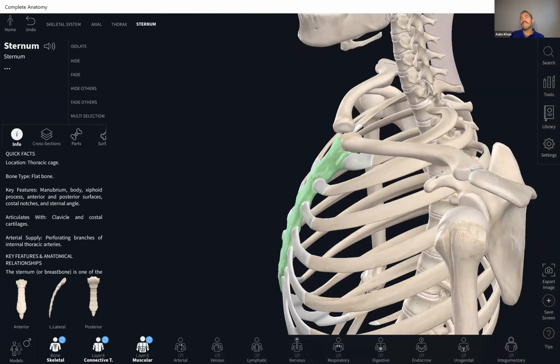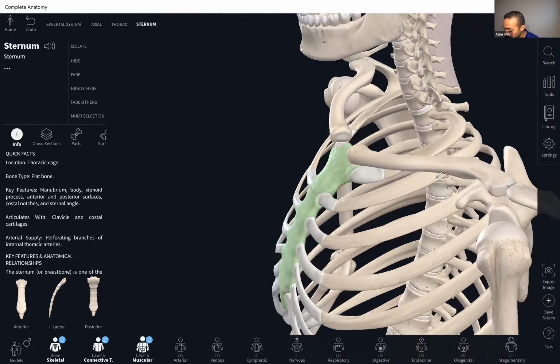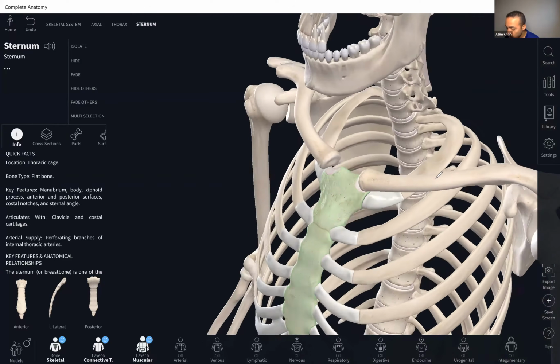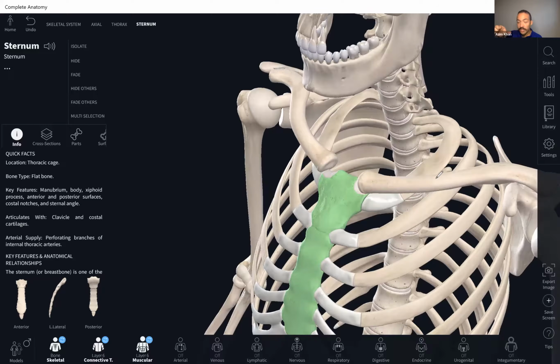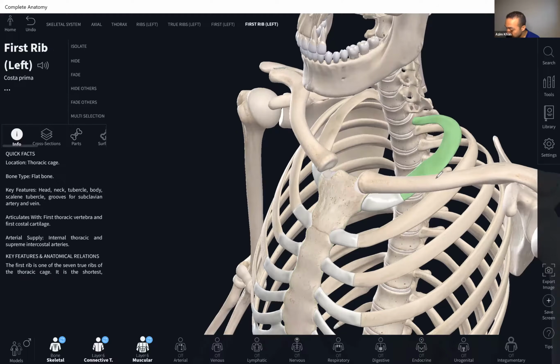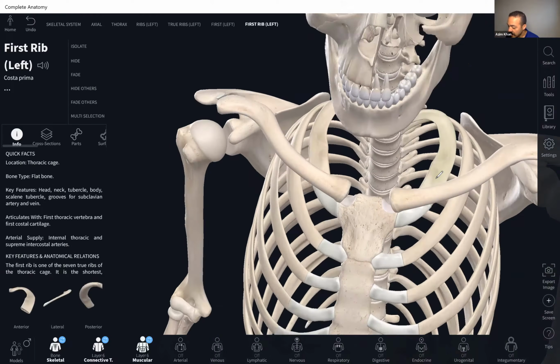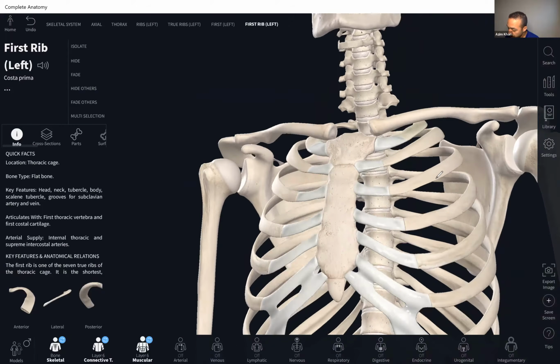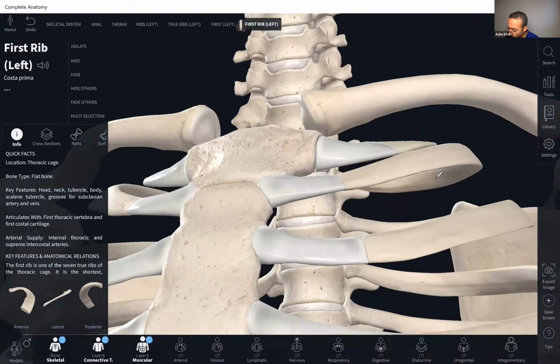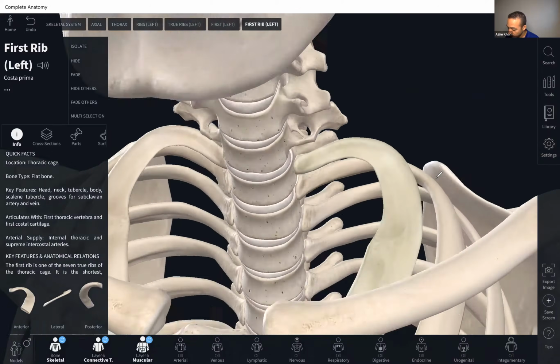I'm not going to have you fully differentiate between all the different ribs, but you can see that there's a pattern between the ribs. The first rib is short, very curved, and pretty flat.